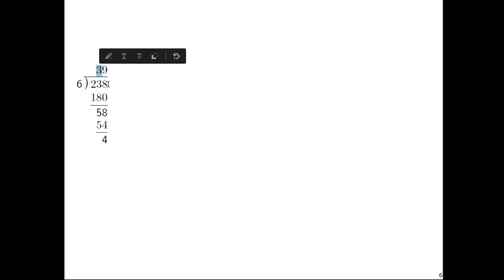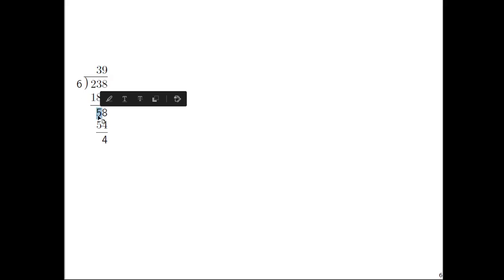So the next smallest number is 3. 3 times 6 is 18. Then 23 minus 18 is 5. There's a subtraction going on here. You bring the 8 down, 58. What goes into 58 with 6? Well, 9 times 6 is 54, and when you subtract, you get 4 as a remainder.